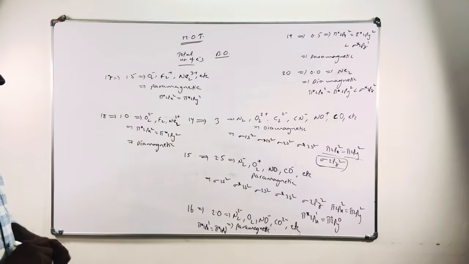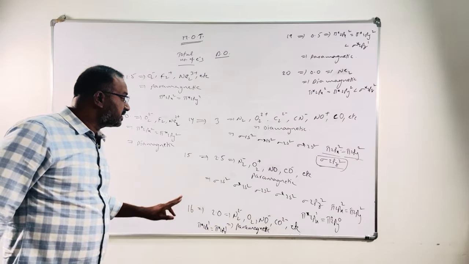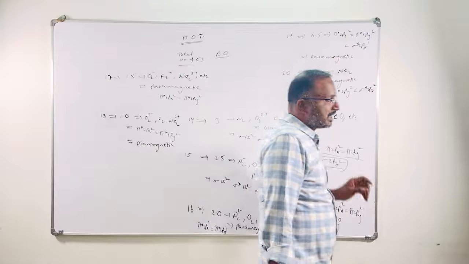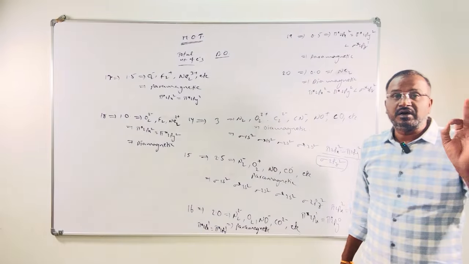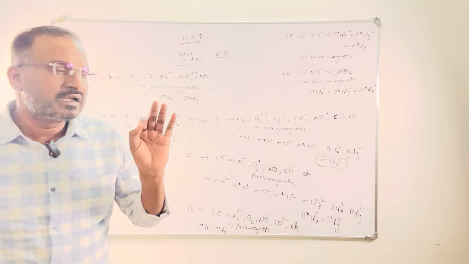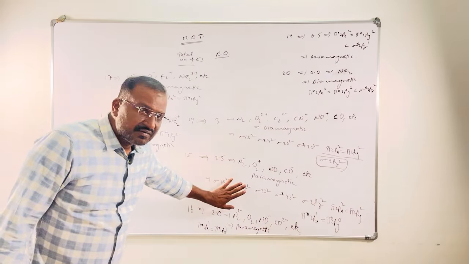Like that, for electrons 14, 15, 16, 17, 18, 19, 20, you can write the magnetic nature and configurations. Most students get confused in this case with this configuration.